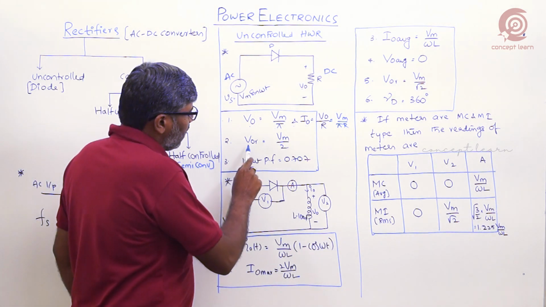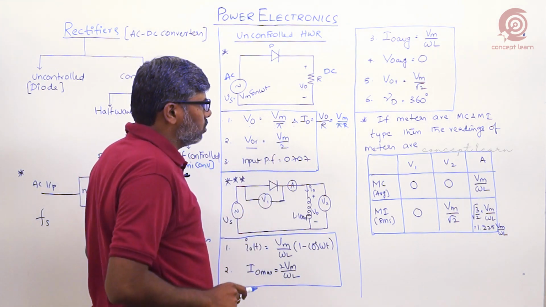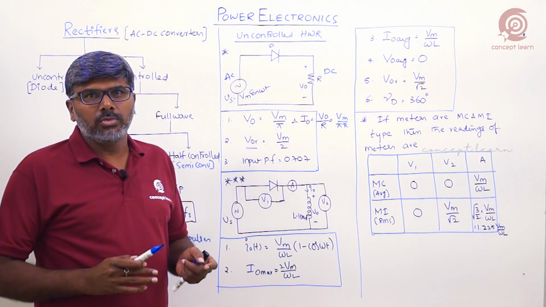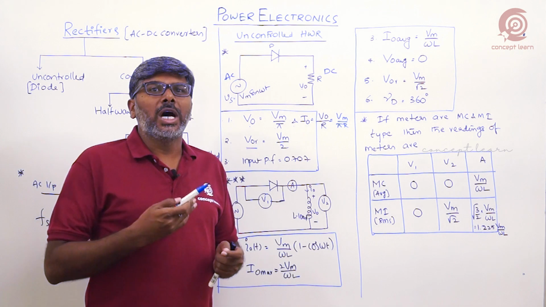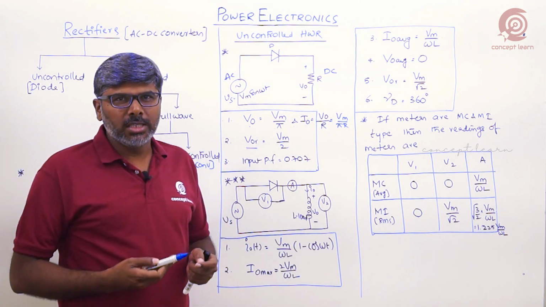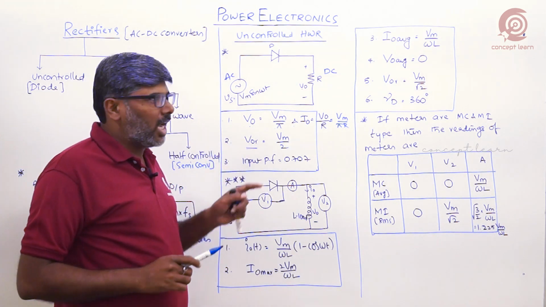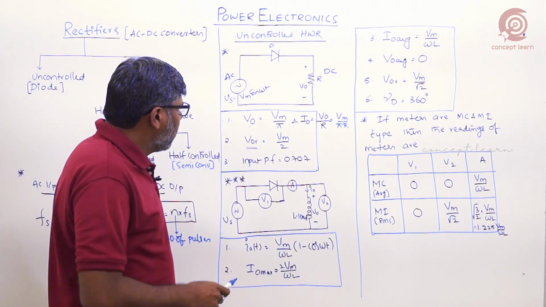In a similar way we calculate the RMS output voltage, that is Vm by 2. These two are derived from the basic formulas. We know how to calculate average value of any periodic signal and RMS value of any periodic signal, right? So based on those formulas, we calculate V0 and V0 RMS, average value and RMS quantity of the output circuit.